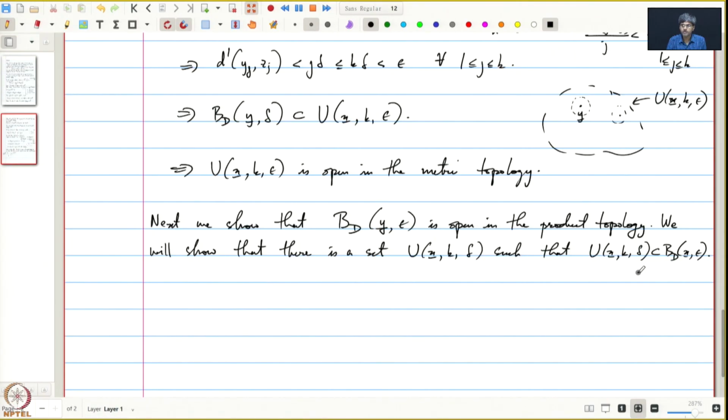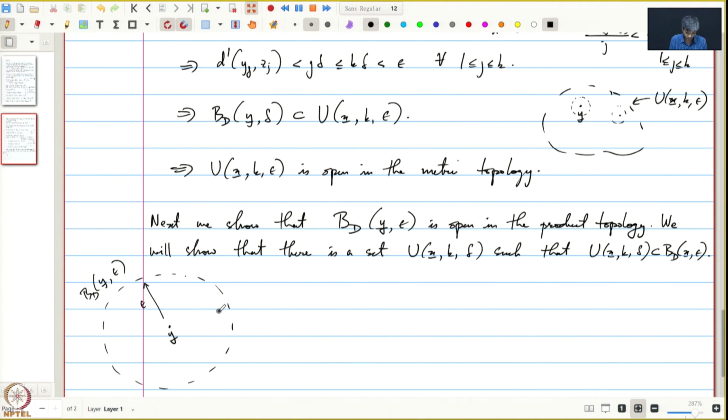So let us try to see why it is sufficient to prove this claim. Our aim is to show that this open set B d y epsilon is open in the product topology.